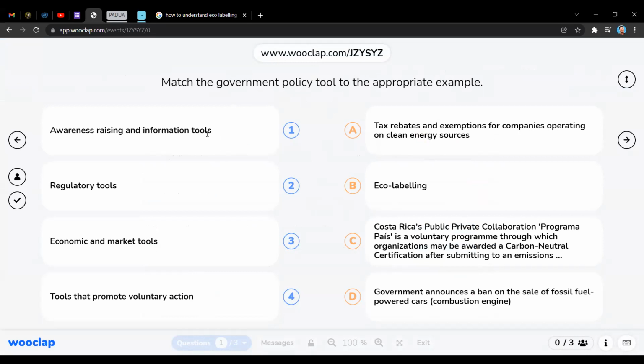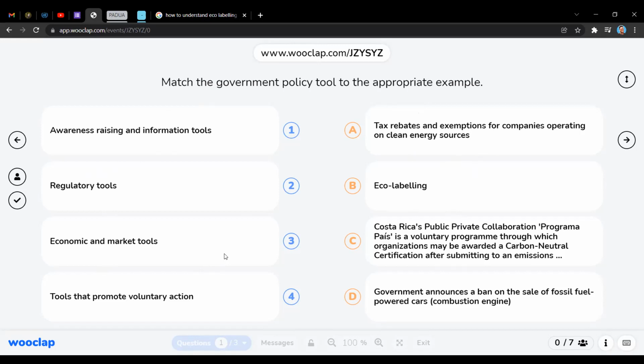So just from the basic description I've given you about some of the tools the government has that it can use to fight climate change and to reduce carbon emissions, which one of these do you think is an appropriate example? So you've got raising awareness and information tools, regulatory tools, economic and market tools, tools that promote voluntary action.